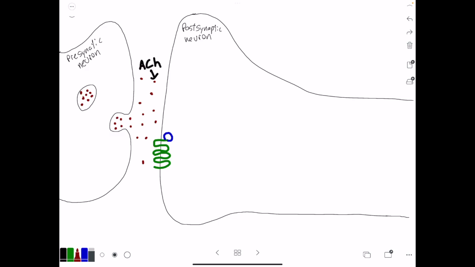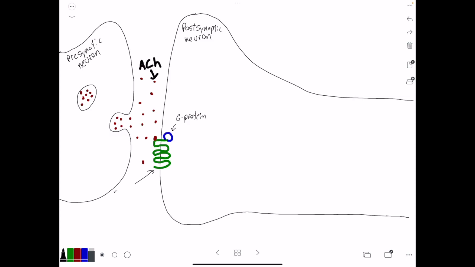And acetylcholine will bind to this receptor that's on the postsynaptic neuron. Now, what is this receptor? Well, you might be able to tell a little bit of information by looking at it. What we have here is a receptor with 7 transmembrane spanning domains. And this little blue bit here is what's known as a G protein, which we've talked about before in class.